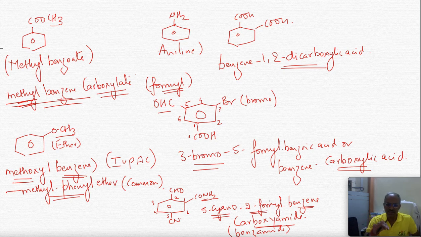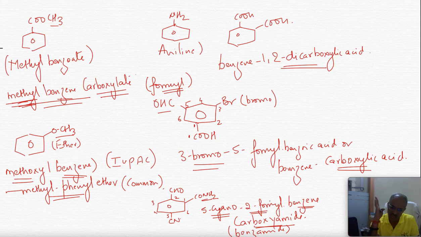then carboxamide is better because that is much closer. Carboxamide is also correct, benzamide is also correct, but carboxamide is given the first preference because benzamide can also be used as a common name, but carboxamide can't be used in a common name.